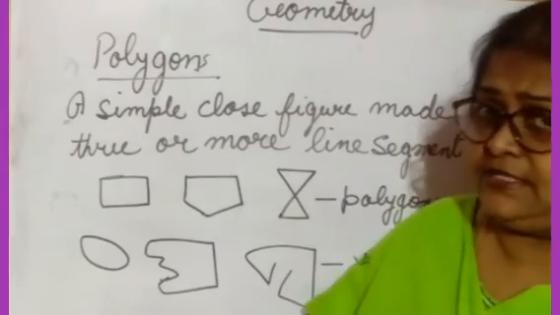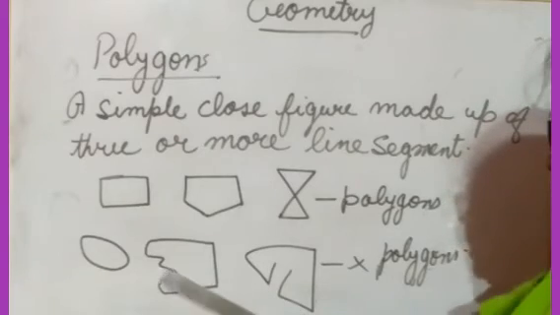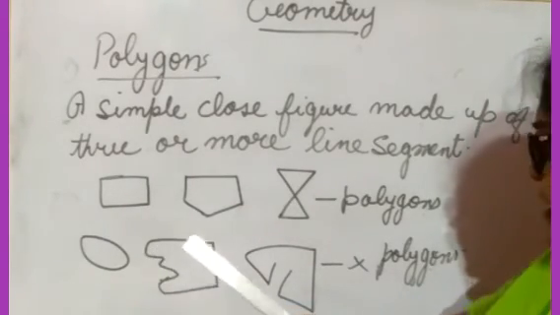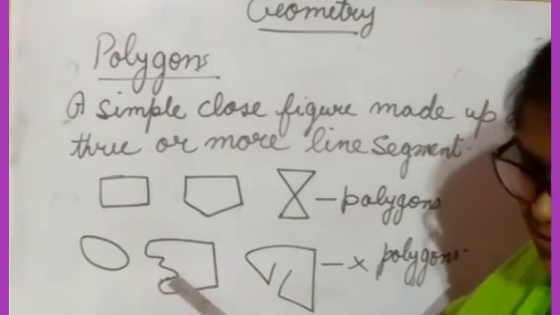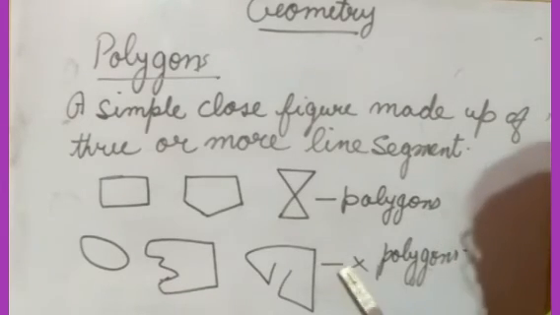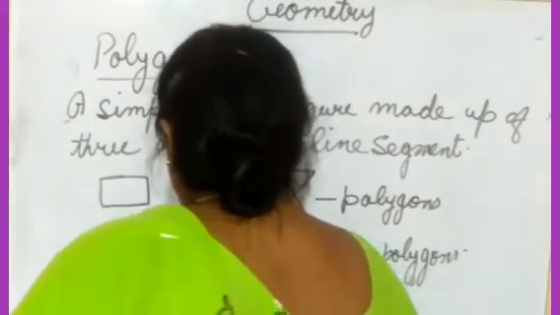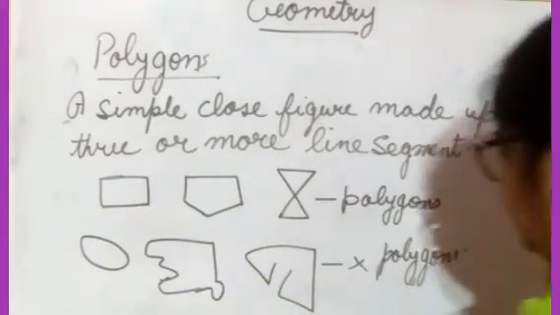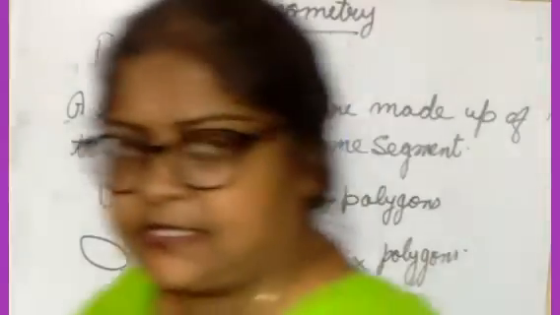No. These figures are not polygons, because here there is a circle, and here there is a round curved figure. If any line is curved, then it is not a polygon. Understood? Here also the line is not touching, so it is also not a polygon. Is it clear to you all?